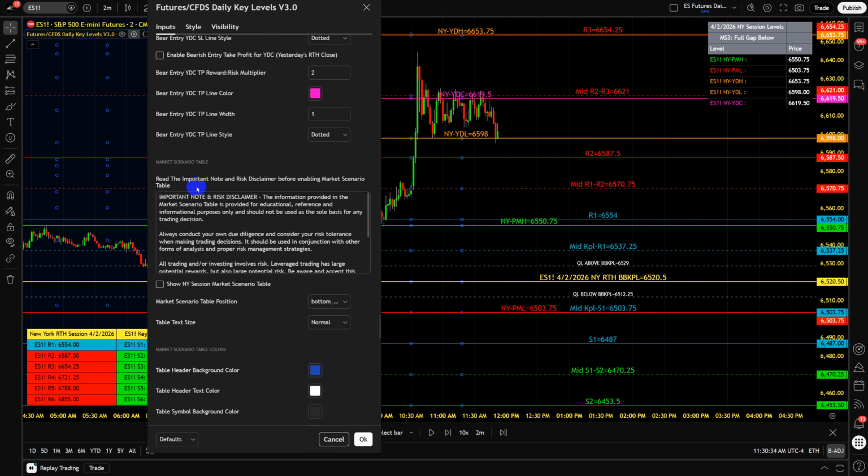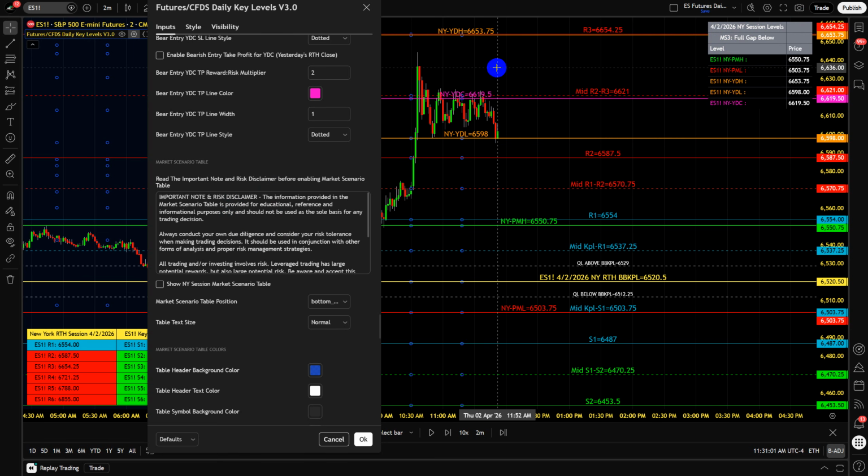Here is another information box, which is basically an important note and risk disclaimer before enabling the market scenario table. So this market scenario table has to do with, here you'll see the MS3, that means market scenario 3.